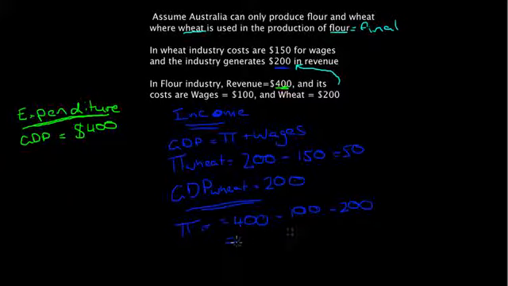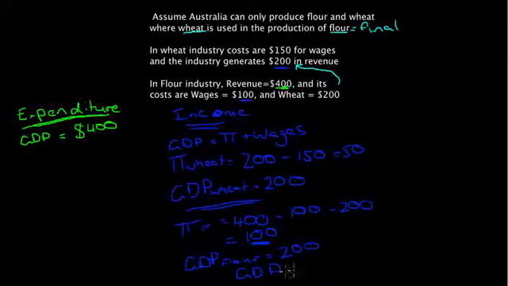So the profit for the flour industry equals 100, and the wage costs equal 100. Okay, so GDP for flour equals this 100 plus the wages equals 200. Adding the two GDPs up, we have the GDP total: GDP equals 400. Okay, nice and easy.